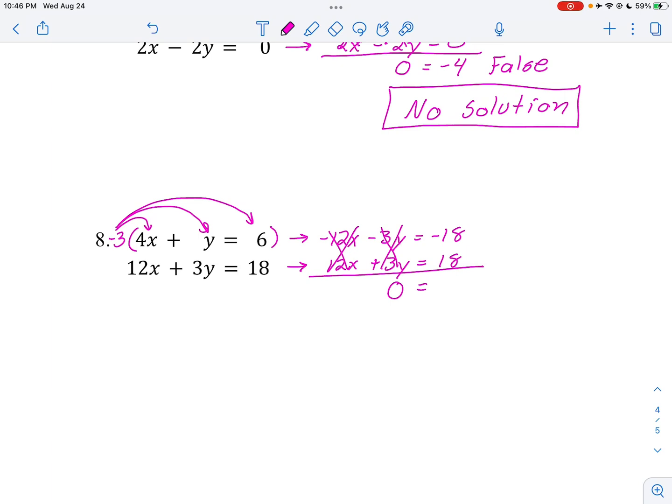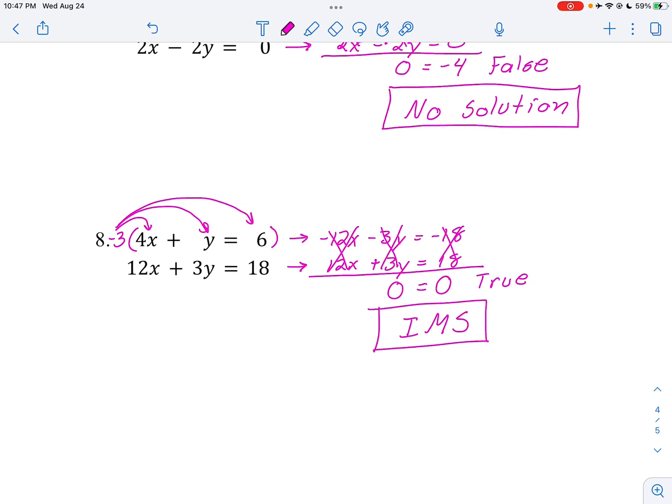Then on the right side, we have a negative 18 plus 18. Those cancel as well, which means I have nothing on the right side. So if I have nothing on the left and nothing on the right, that's 0 equals 0, which is true. 0 does definitely equal 0. So if that is a true statement, then that means we have infinitely many solutions.